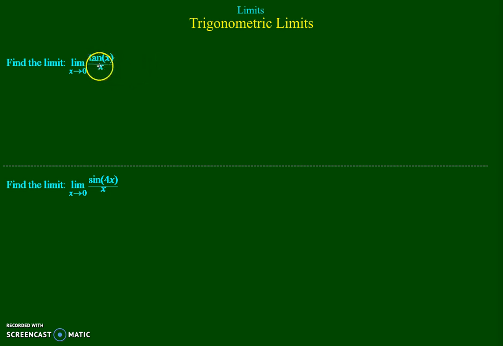Well, there should be, because tangent is simply sine over cosine. So let's rewrite this so that we have a product of a couple of different quotients. So what I mean by that is, let's take tangent and let's rewrite that as sine x over cosine x, and this 1 over x is just 1 over x out here.